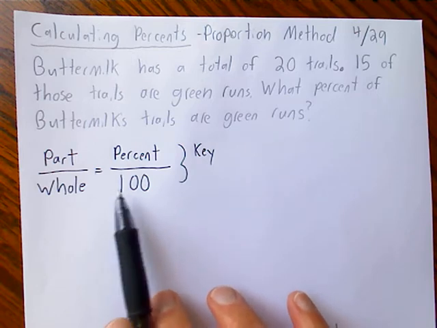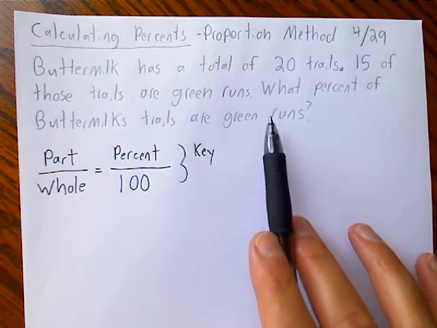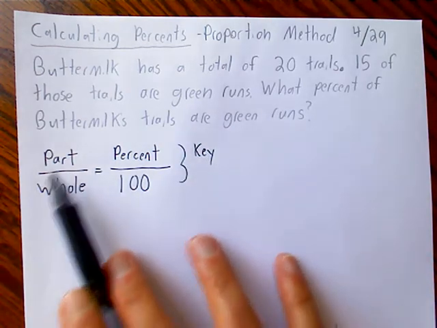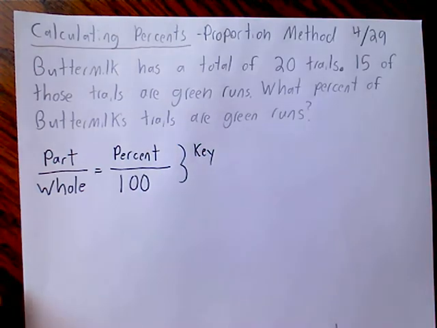Now what we're going to do is look at our example problem and plug in the different parts to our percent proportion. Let me show you what I mean. So all of your problems need to look like this.